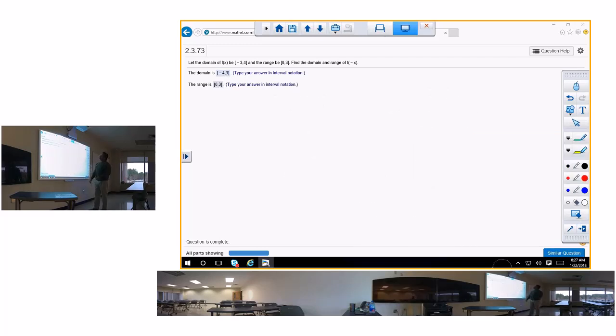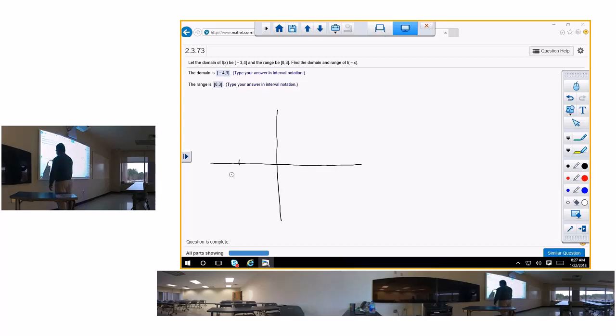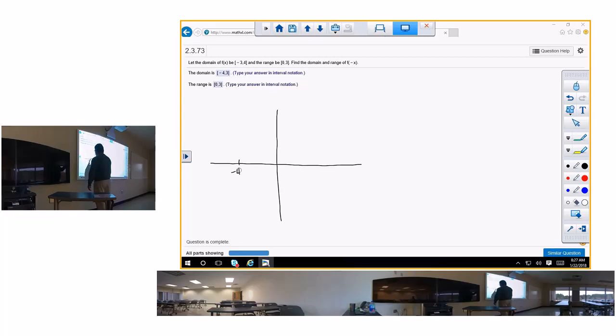And it says, let the domain of f of x be negative 3 to 4. So that means in your universe, the only numbers you have to deal with are negative 3 to 4. So on a graph, negative 4, negative 3, negative 2, negative 1, 1, 2, 3, 4, 5, 6, and I'm going to put a negative 5 and a negative 6 here.